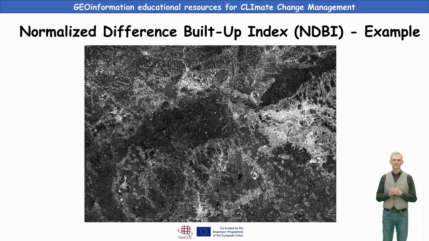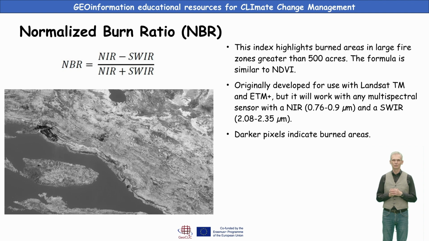This is what a true color image, RGB, of Zagreb, the capital of Croatia, and its surroundings looks like. Vegetation dominates the picture and built-up objects are barely visible. However, when the built-up index is calculated, built-up objects, bright objects in the image, are much more visible.